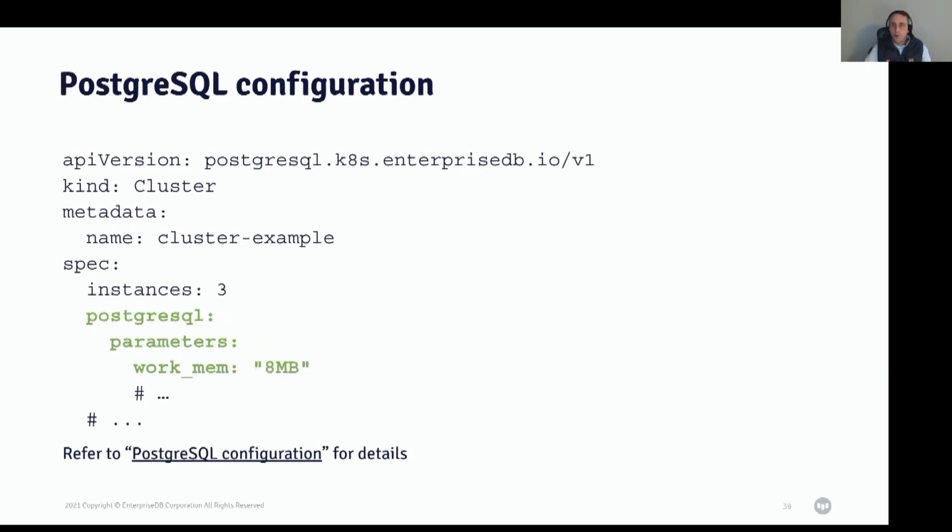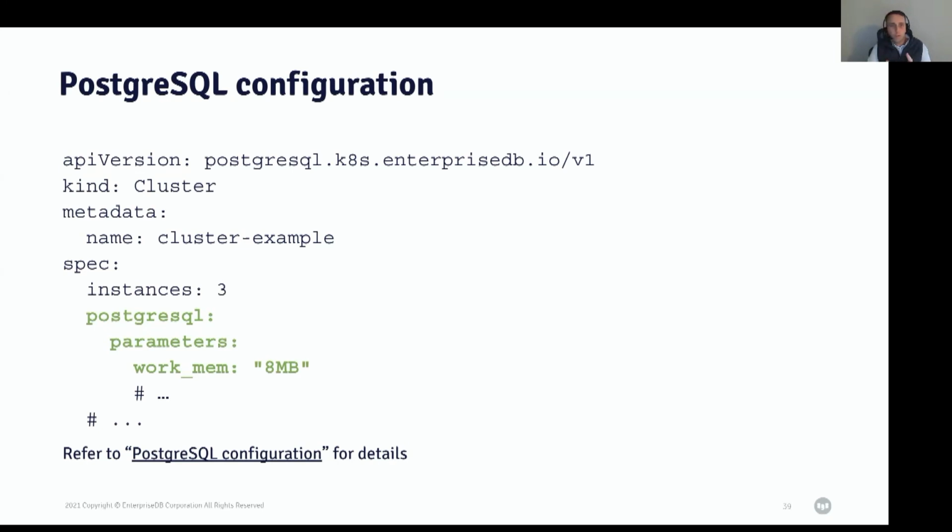And for your PostgreSQL parameters, this is really nice if you have a change management system with your deployment manifest, and then you're reapplying that configuration. This can all be just defined in your deployment.